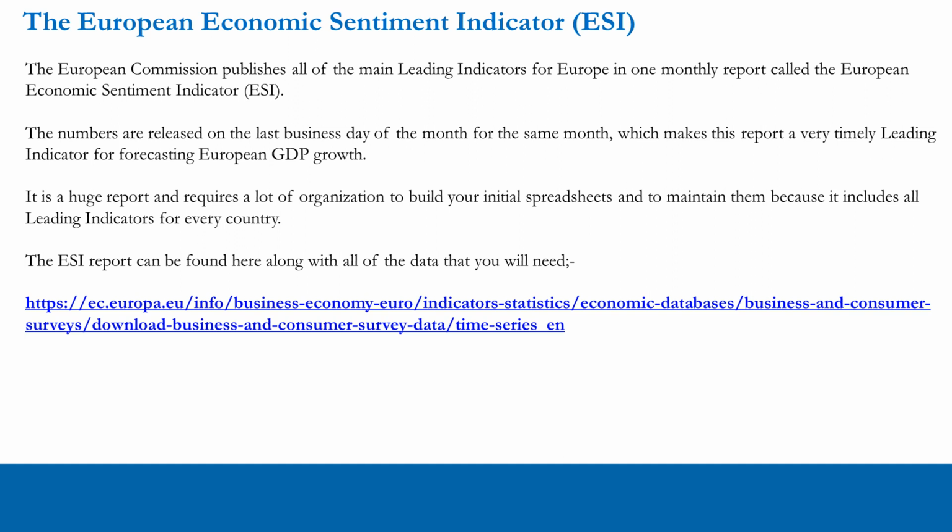So if you imagine what we've done so far in the PTM video series, when we've been looking at US leading indicators, they are all published separately. And in Europe, it works differently. The European Commission publishes all of the leading indicators for Europe in one monthly report, and that is the European Economic Sentiment Indicator.